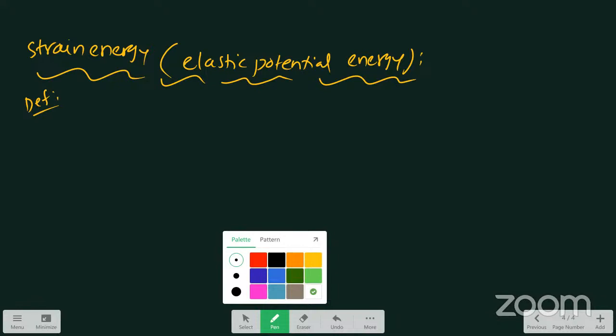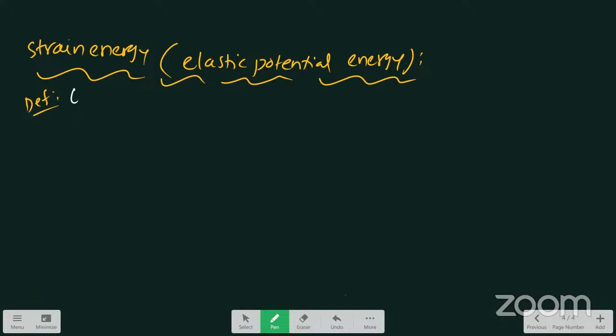For example, you take this rubber material and I am pulling. The energy I require is the strain energy. Energy stored in a body due to its deformation.